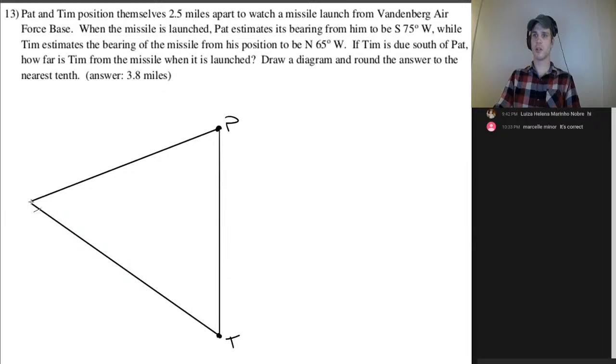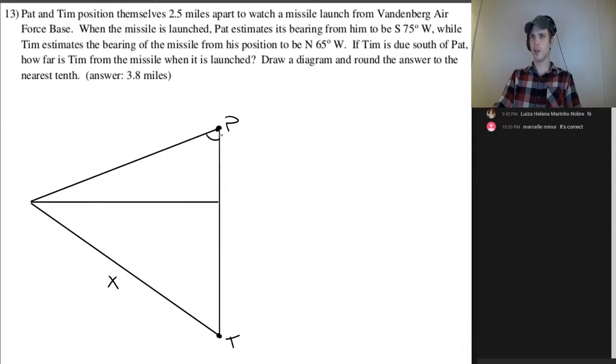And then I'm going to construct a horizontal line here. Oh yeah, so Tim is due south from Pat. That was the only thing that could possibly make sense. How far is Tim from the missile when it's launched? So we want to find this distance. Draw a diagram and round the answer to the nearest tenth.